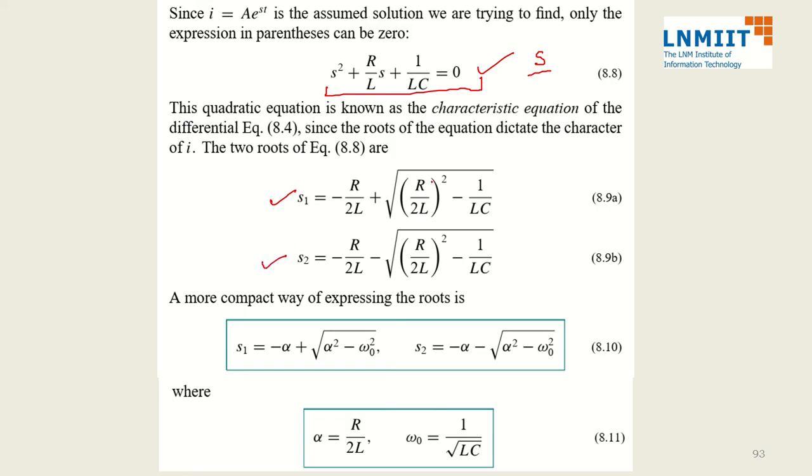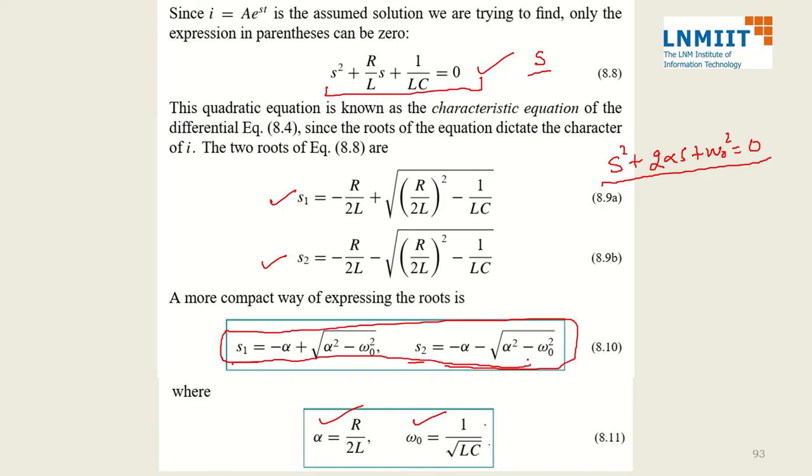Once I get the roots, these look like little lengthy equations. So just for simplicity, I assume alpha is equal to R by 2L and omega naught is 1 by root LC. Then this equation can also be written as S square plus 2 alpha S plus omega naught square equal to 0, and the roots S1 and S2 are in terms of alpha and omega naught.